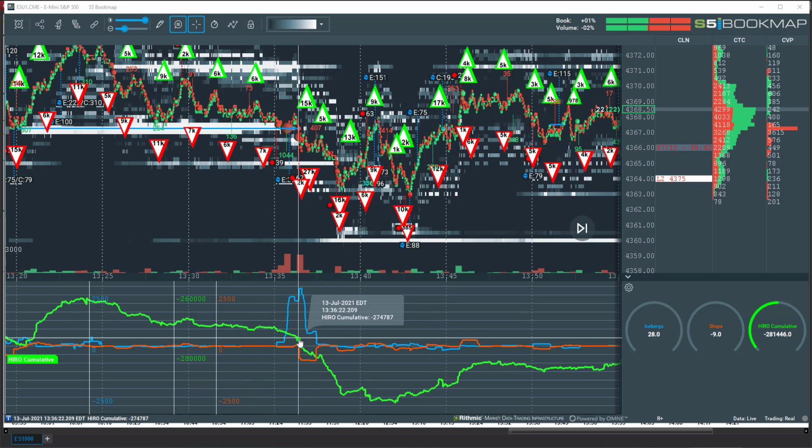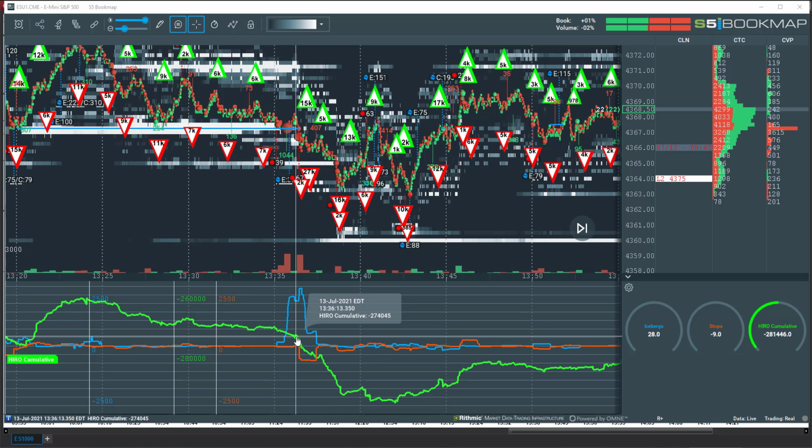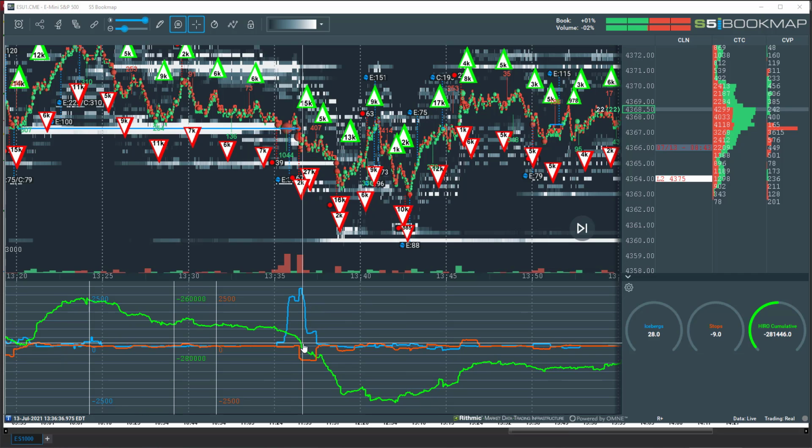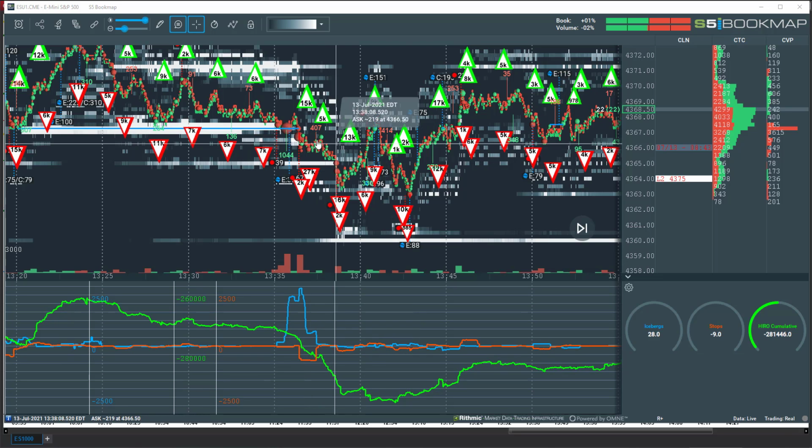At the time there was no big associated options trade. And as you can see, the hero cumulative was a negative 274,000.